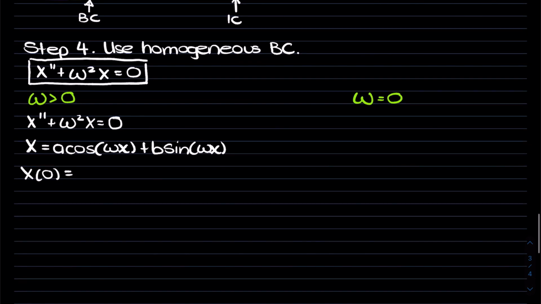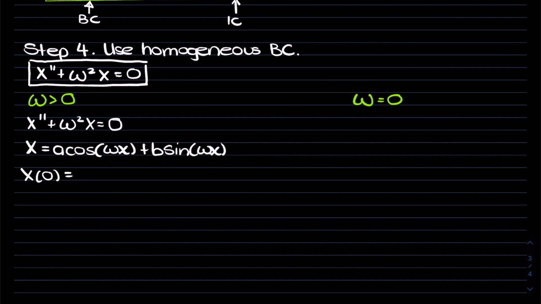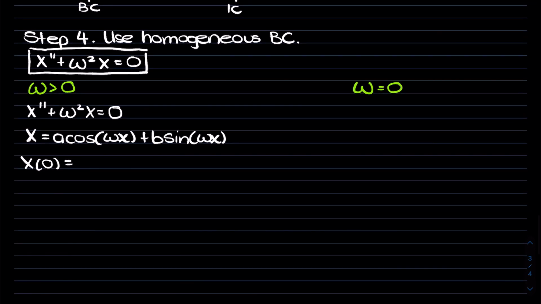If you see x in the equation, it's the little x. So X of 0, that's just going to vanish the whole sine function. So we're going to end up with a cosine lambda x, and that all is supposed to equal 0 according to our boundary conditions. So this just implies that a equals 0 here.